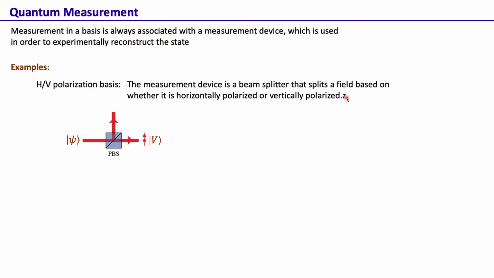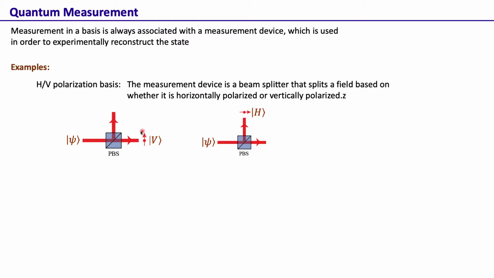So this is a polarizing beam splitter in the horizontal vertical basis, and the way it works is that if you have a vertically polarized photon coming in, it will send it this way, and if there is a horizontally polarized photon coming in, then it will send it that way.